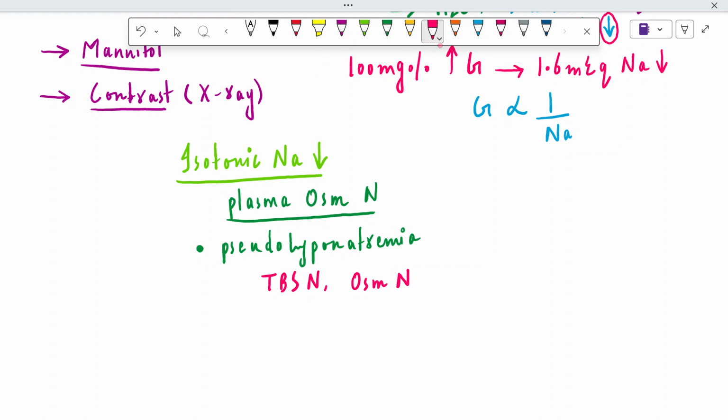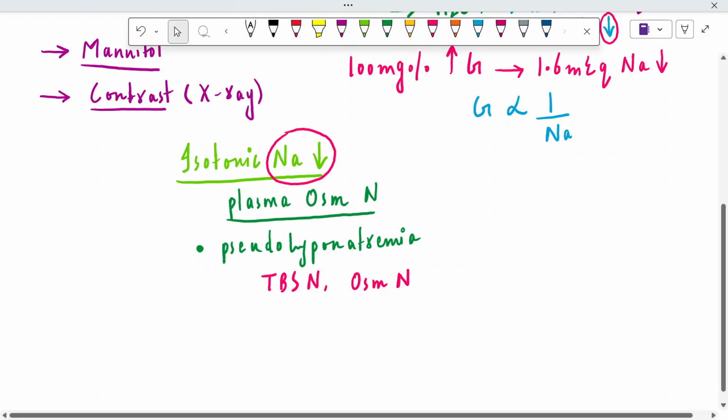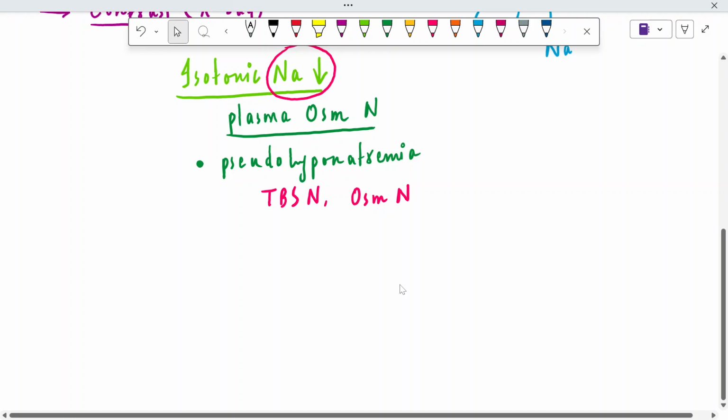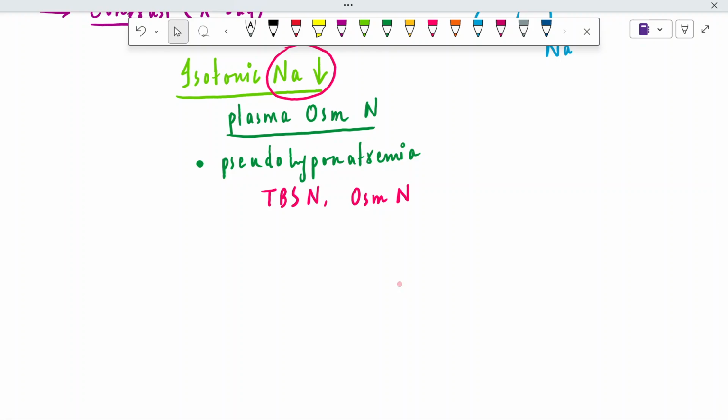But why is there hyponatremia then? When the amount of salt is normal and the plasma osmolality is also normal, why is the hyponatremia component coming? It is due to lab errors. The technician or physician error can result in isotonic hyponatremia.